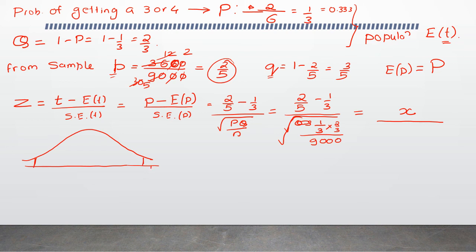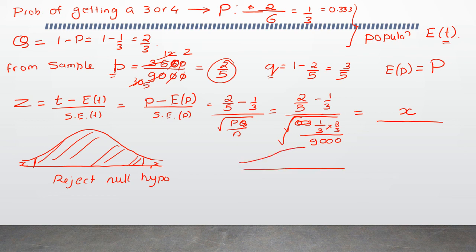If this x value lies outside this shaded region, somewhere here or here, I will reject the null hypothesis. And if this x value lies within this shaded region, I will accept the null hypothesis.